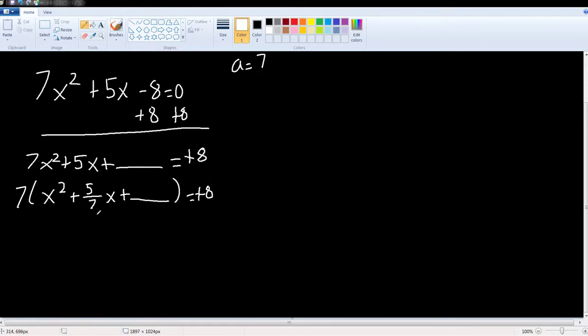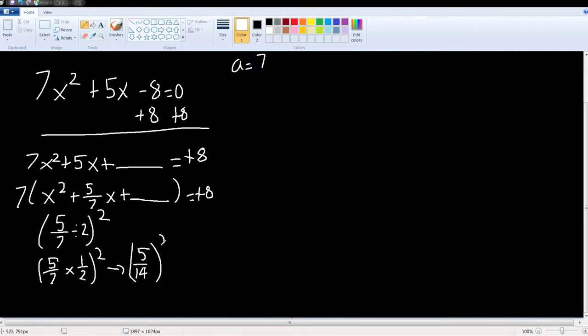We need to look at the coefficient for x, and we get 5 over 7, so we'll do 5 over 7 divided by 2, whatever that is, squared. So 5 over 7 divided by 2 is the same thing as 5 over 7 multiplied by 1/2. It's all being squared, so when you multiply, you just multiply across. You'll get 5 over 14. We square it.